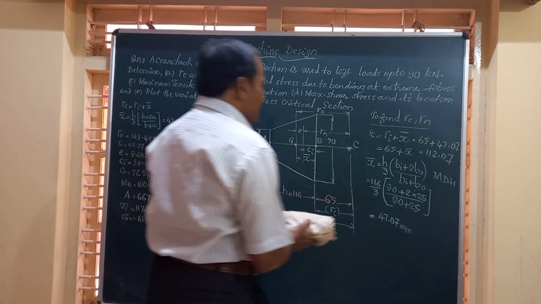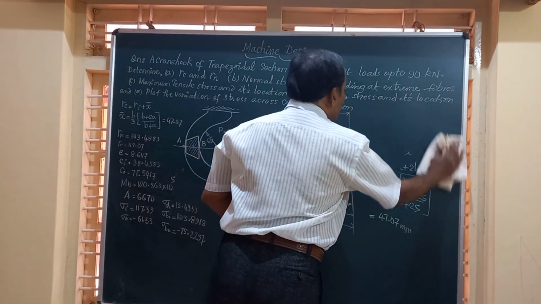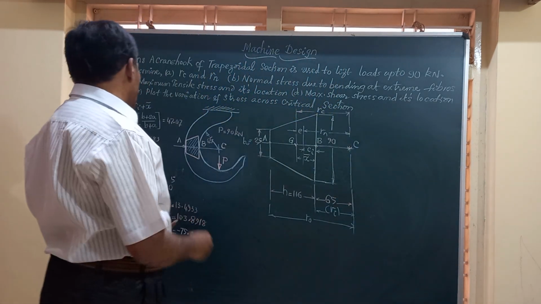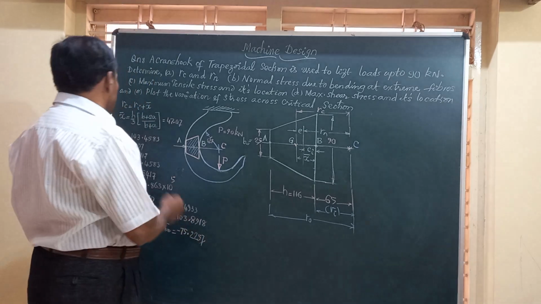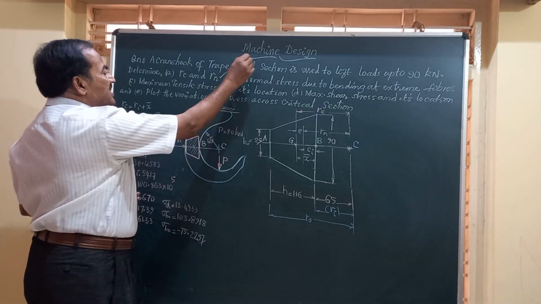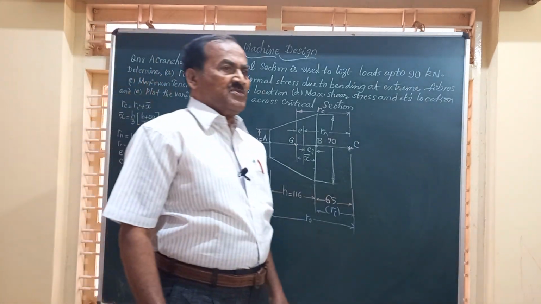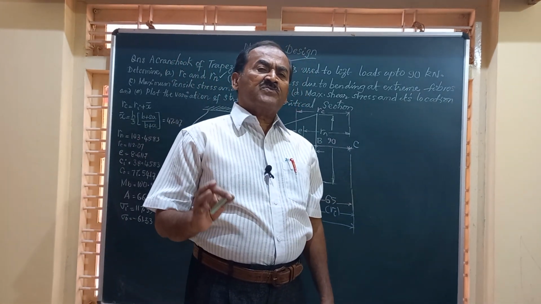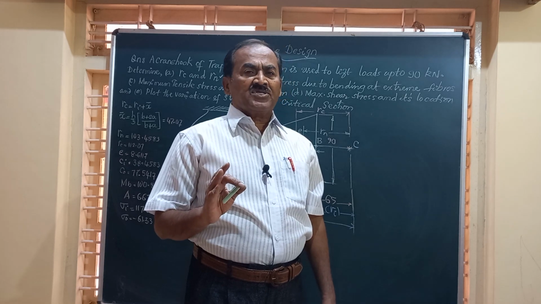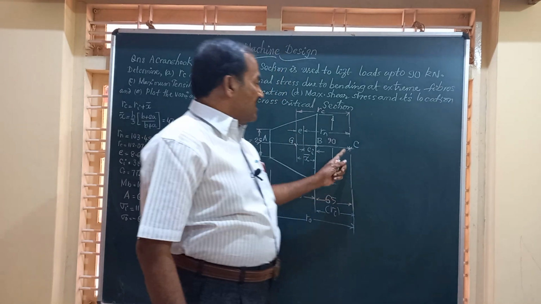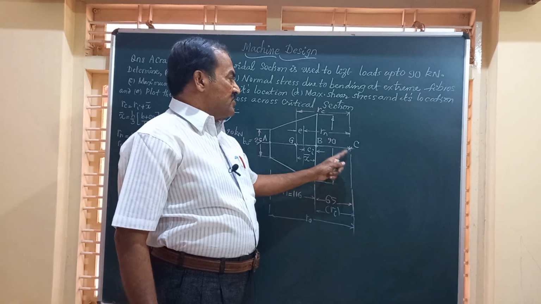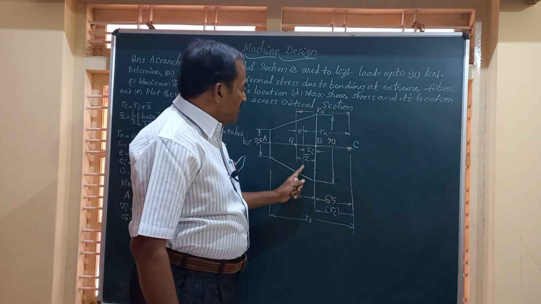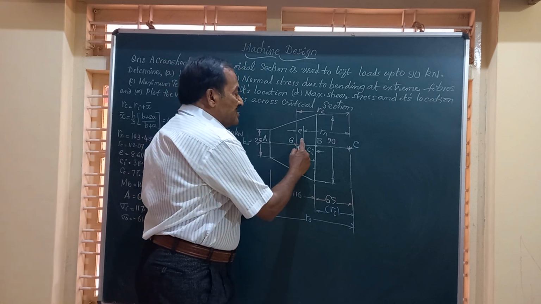That is, the centroidal axis of the trapezoidal cross section is at a distance of 112.07 mm. Now it's asking you what is Rn. Friends, Rn stands for the distance of the neutral axis from the center of curvature C. So friends, this I have marked in the diagram a little closer to this G towards the inner.